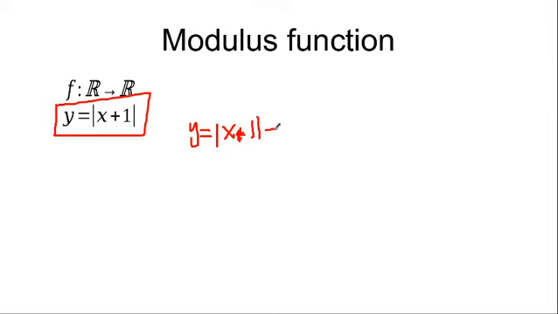So you know that in this example as well, it will split into two regions. The first region is when x plus 1, the argument or the function inside the modulus, is equal to 0 or larger than 0, which means x plus 1 is positive. So when x plus 1 is positive, you just leave it as it is, x plus 1. Simple.